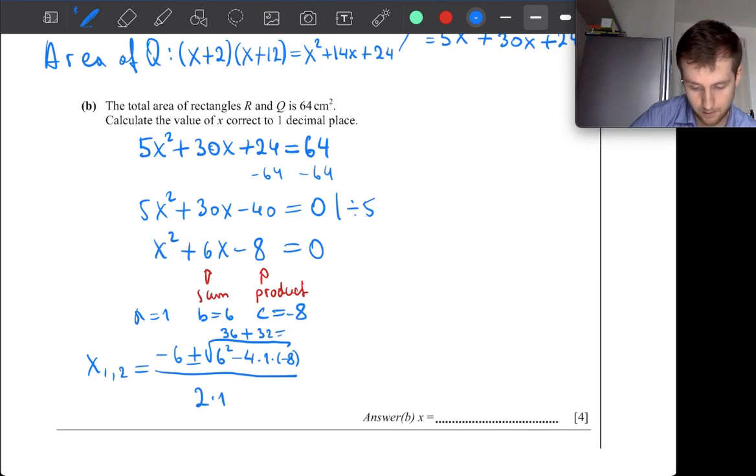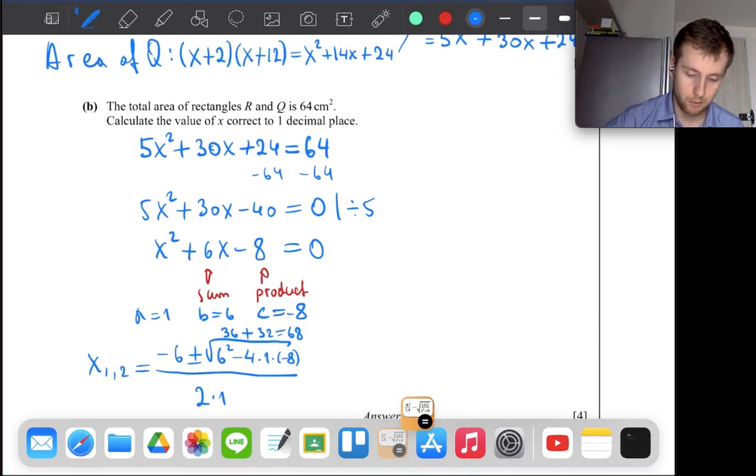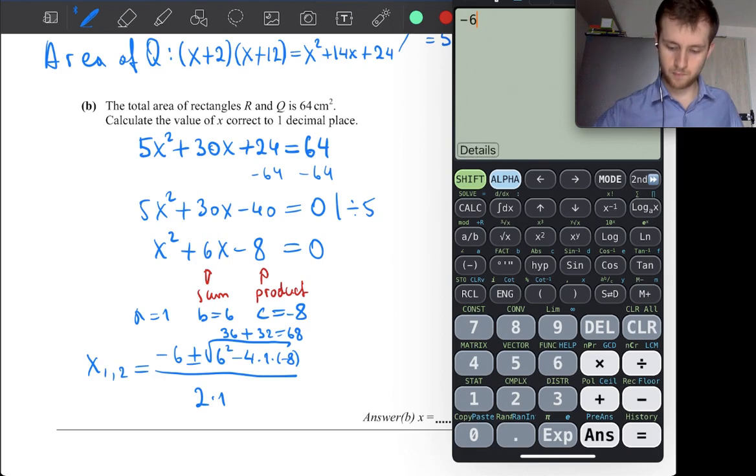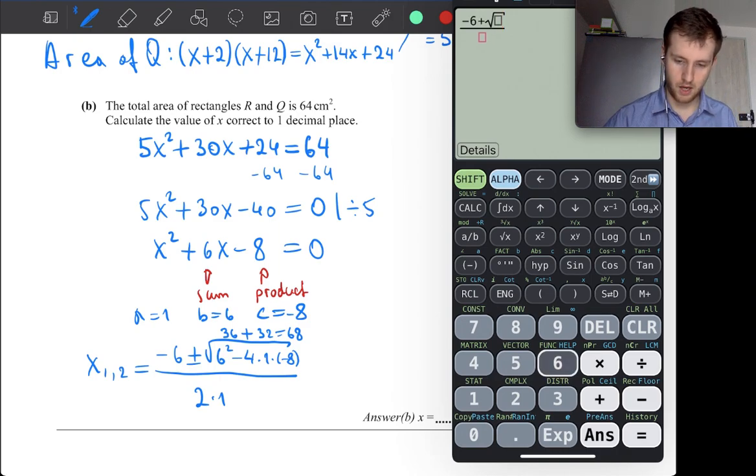That's why we have to use a calculator after all, because the roots are not going to be whole numbers. So we're going to have minus 6 plus the square root of 68, divided by 2.